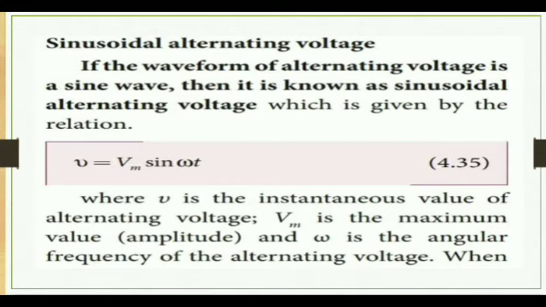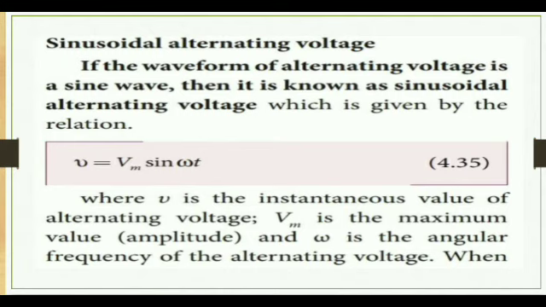And I said now, sinusoidal function. If the waveform of alternating voltage is a sine wave, then it is known as sinusoidal alternating voltage, which is given by the relation V is equal to Vm sine omega t, right?